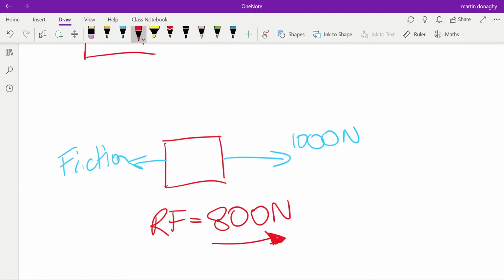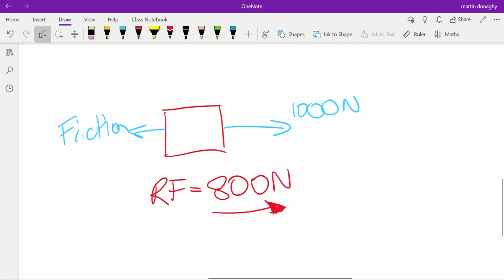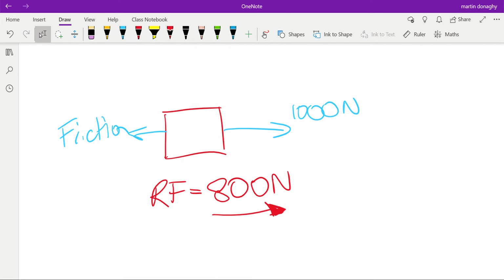Now you might be able to look at that and just say, well, it has to be 200, because if friction's 200, then it's going to remove 200 from the 1000 and give you 800, but we can do it by equations. So what we're saying is that the resultant force on that object is going to equal the forwards forces, 1000, minus the backwards force, which we don't have, so let's just call it FR for friction.